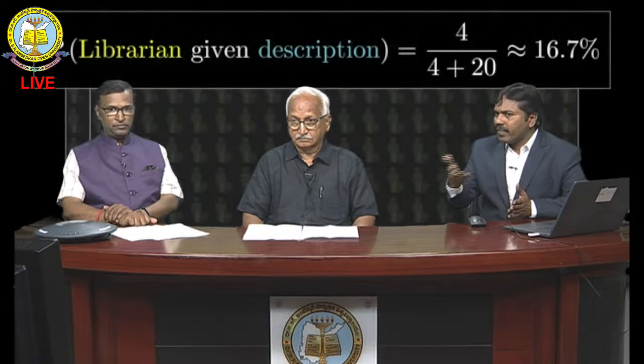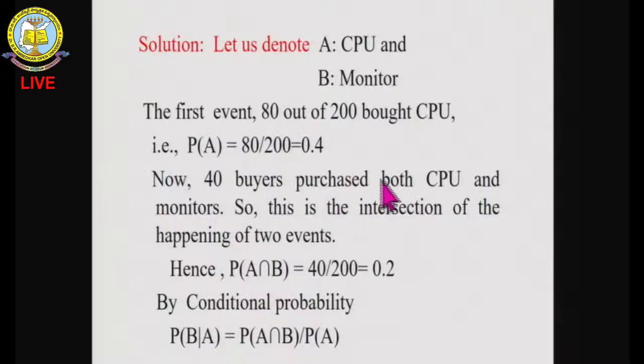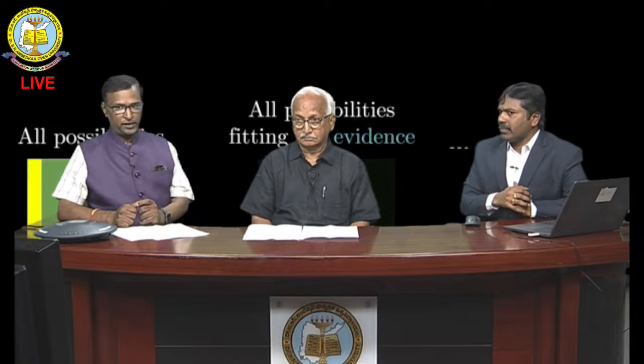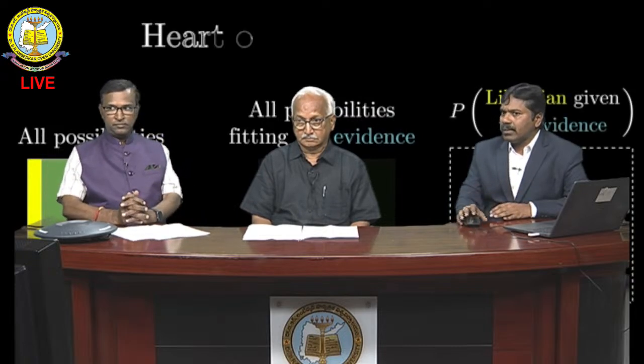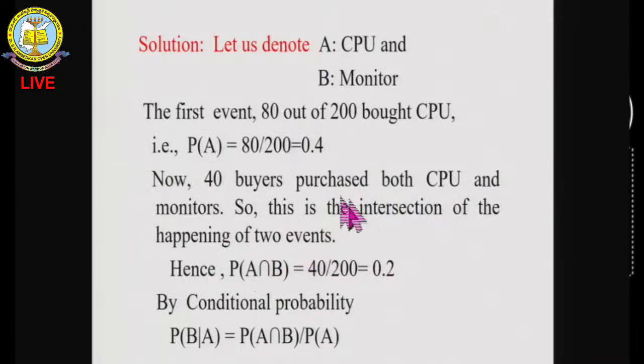Now similarly, you can go for the other item. 40 buyers purchased both CPU and monitors. So this is the intersection of the happening of two events. According to the condition mentioned here, I can consider the probability of A intersection B, that means both CPU and monitors.